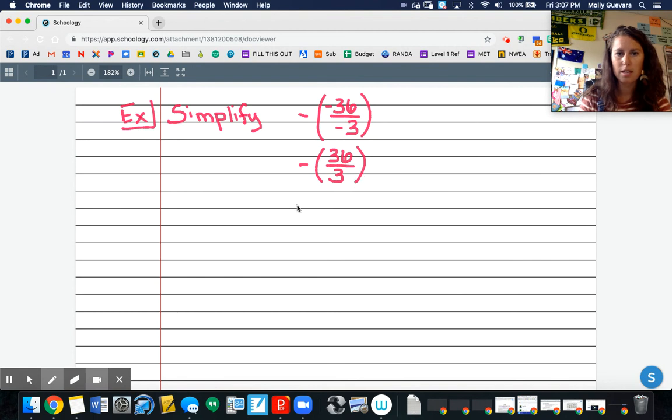It's exciting. And then I can simplify. So that negative is still there. 36 divided by 3 is 12. And then since there's no other negative to look at, it just becomes negative 12.